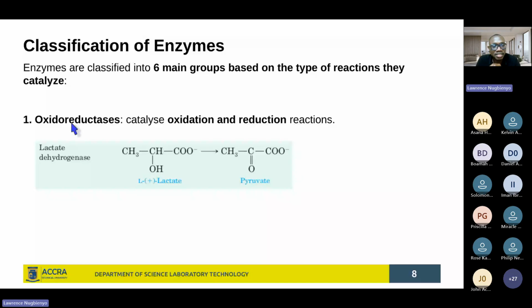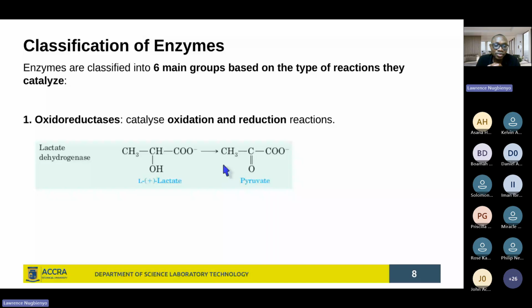An example you are seeing is lactate dehydrogenase. That's an enzyme which is an oxidoreductase. And what is it doing? It is oxidizing lactate into pyruvate. If you look at the structure of lactate, the middle carbon has a hydroxyl group on it, OH.